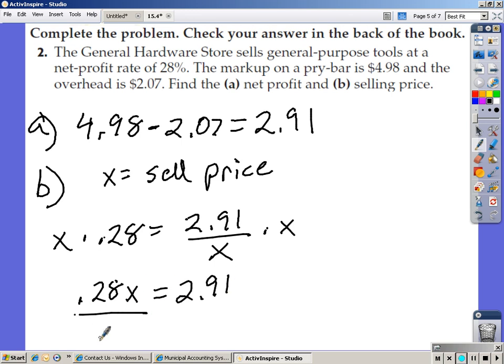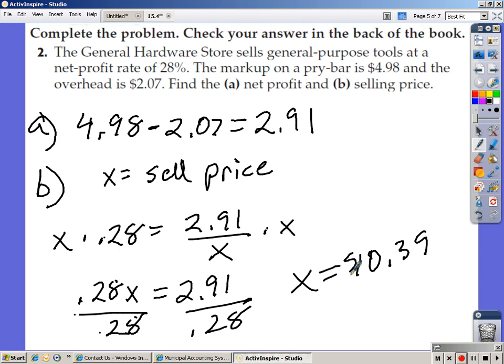Divide both sides by 0.28. And you should get X to equal $10.39. Okay? Let's go ahead and let's look at number 3.